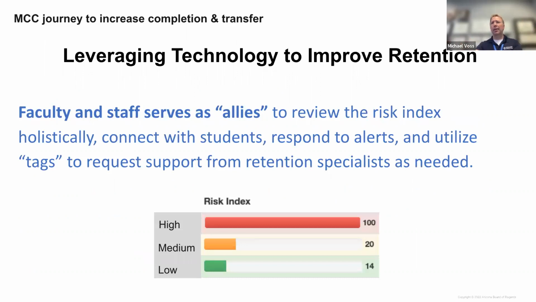So our residential faculty serve as allies for their declared majors. So whether that's certificate programs or AS degree programs or AA or AS, we've identified out of our 270 residential faculty who are the leads for all the program pathways.